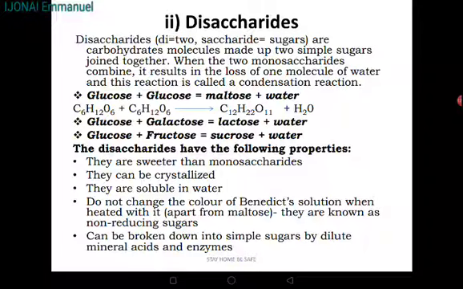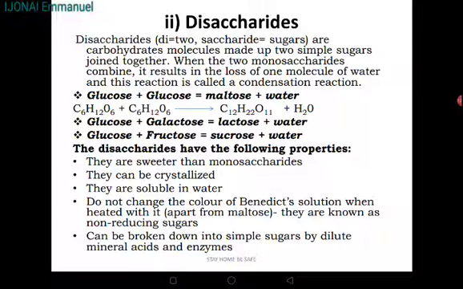When you add two monosaccharides to form a disaccharide, the bond that holds the two together in a disaccharide is called a glycosidic bond. Okay, you can look at the equation there, and you can also rewrite it for yourself and see whether you can manage to master it.